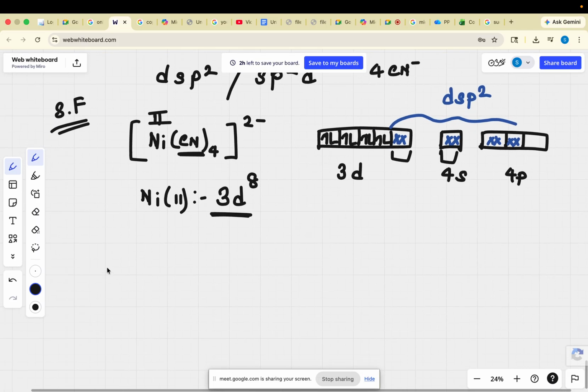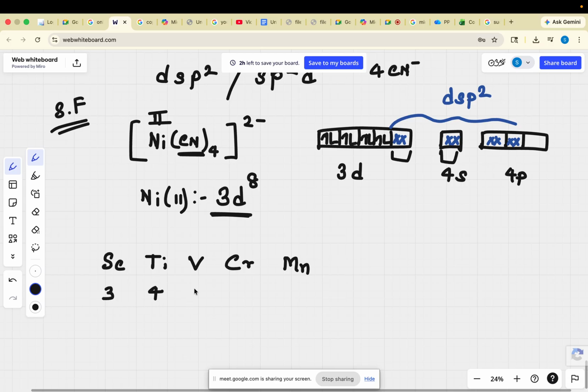Now suppose you have these metals: scandium, titanium, vanadium, chromium, manganese. How many electrons are present in scandium? What is the electron configuration of scandium? 3d1 4s2, right? 3d1 4s2 means you have 3 electrons in scandium.